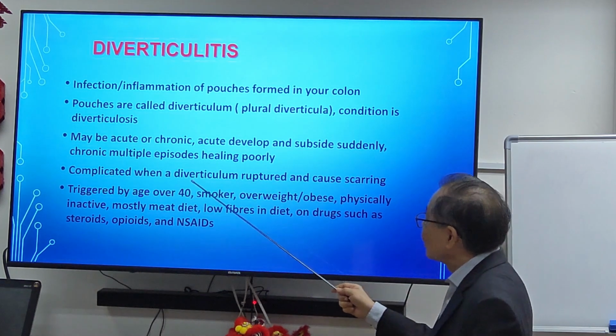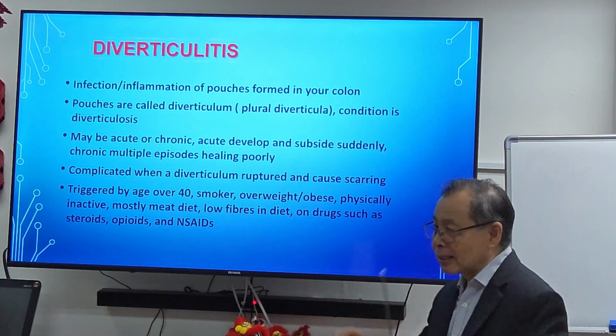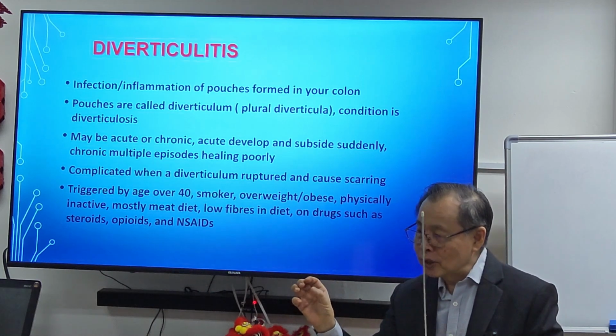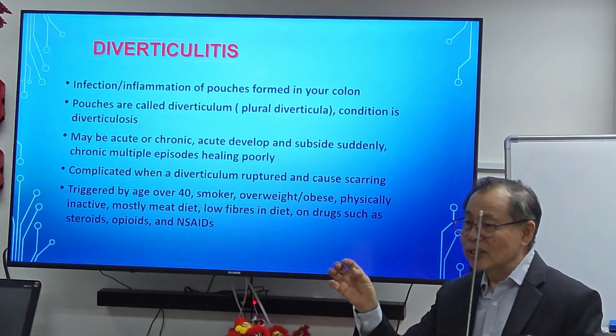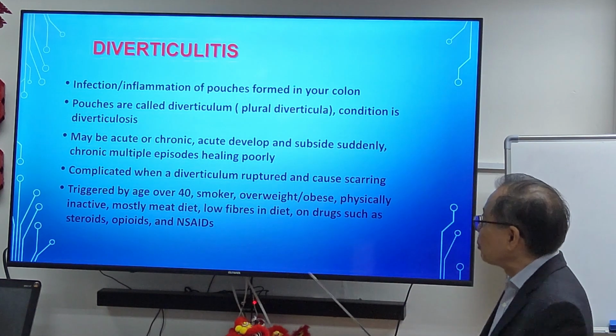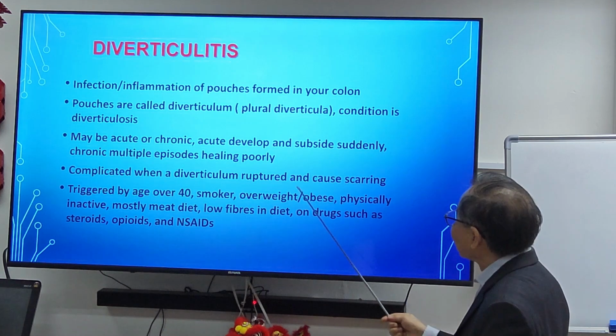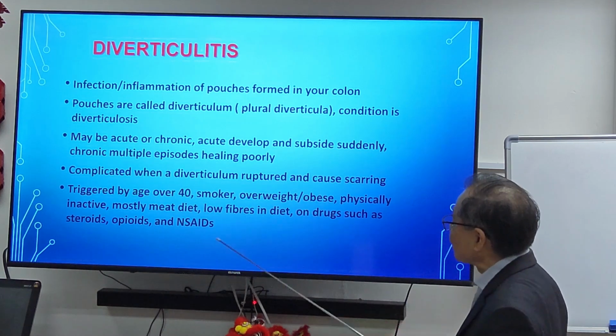So it can be complicated when the diverticulum, the pouch, bursts, like the ulcer we talked about just now, and spills into the abdominal cavity, then it can cause scarring.